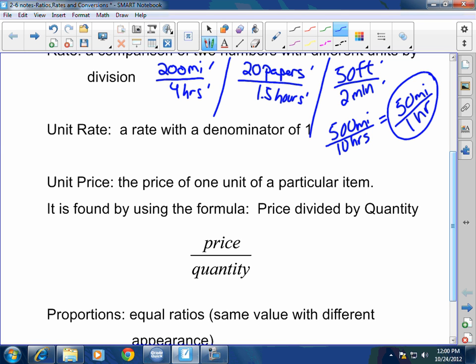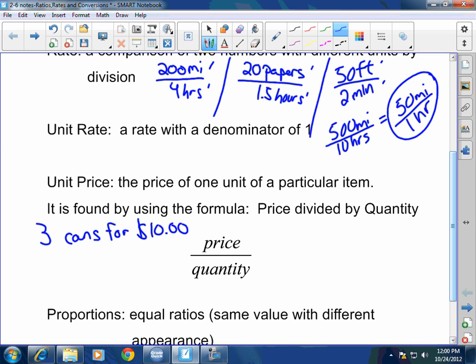So, how does this work? I'm sure you have seen this all before. You go to the store and you see on sale, there's 3 cans for $10, let's say. You know you're going to pay $10 for all 3 cans, but me personally, I want to know how much am I paying for each can. I want to know the price for 1 unit of a particular item.